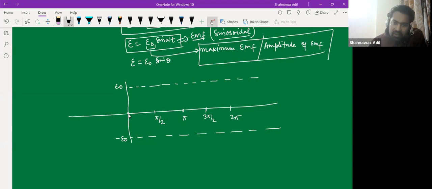At 0, this is 0. At 90, sine 90 is 1, so this would be E naught. So this would be max. So it will increase, and then if you go higher than that value, it will decrease. And at 270, this would be minus of this value. And then it will increase again. So this is the behavior of the EMF.